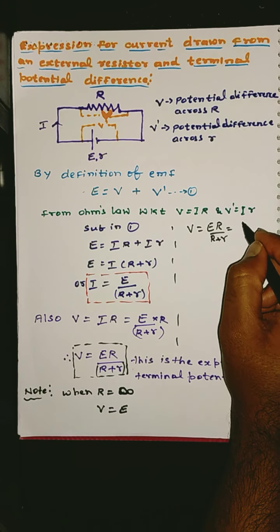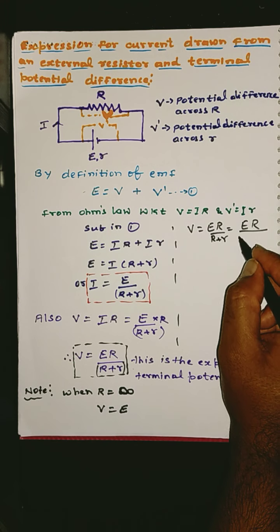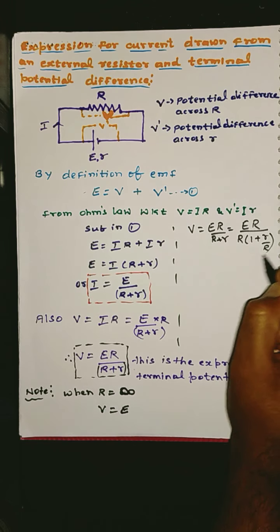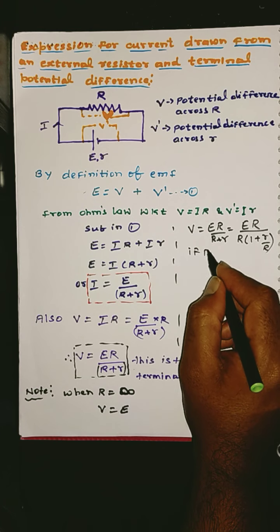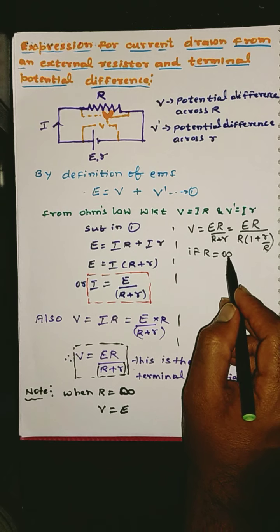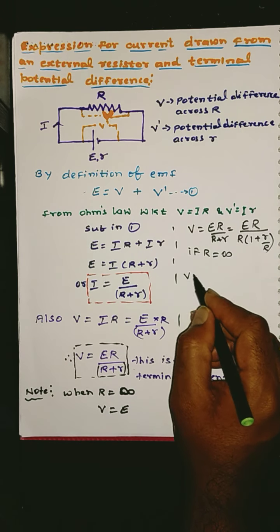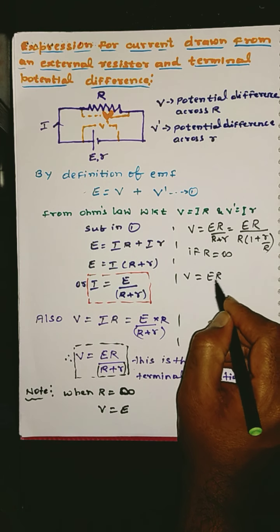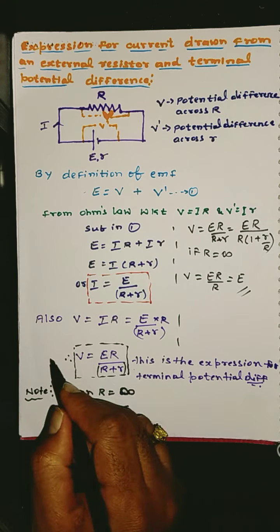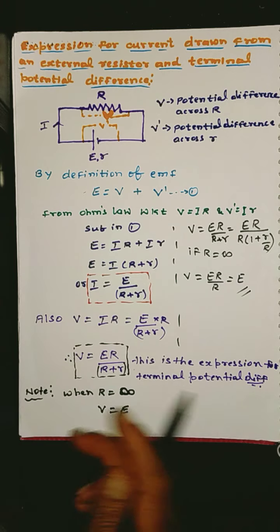I will take out R as common, so it is E by (1 plus r by R). If capital R becomes infinity, this term becomes 0, then V would be equal to ER by R, which is equal to E. So remember, V will be equal to E when R is equal to infinity.